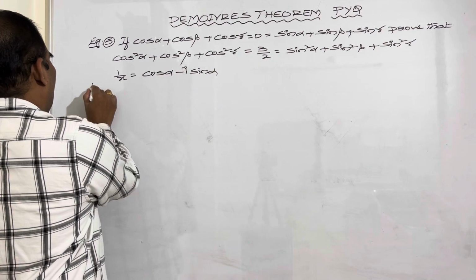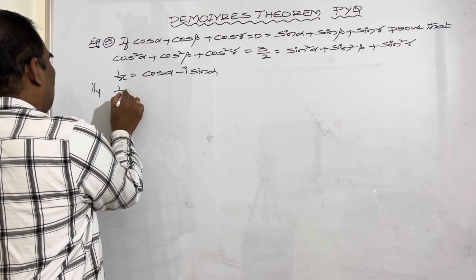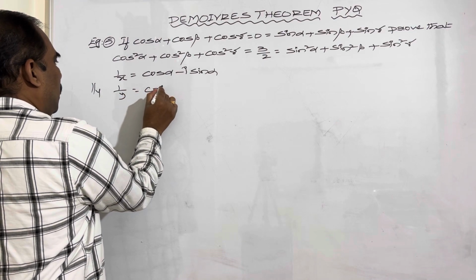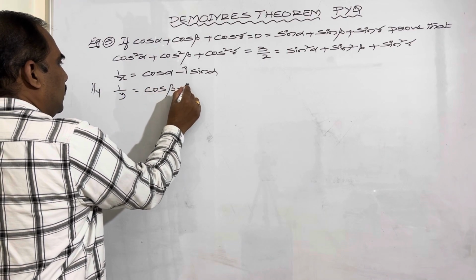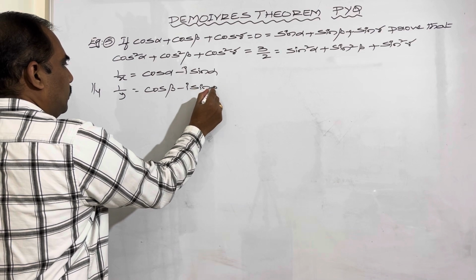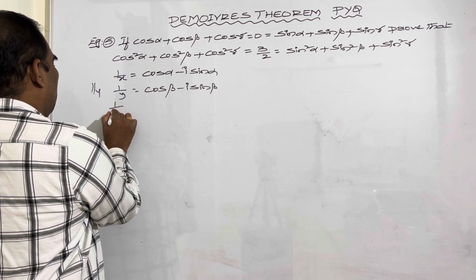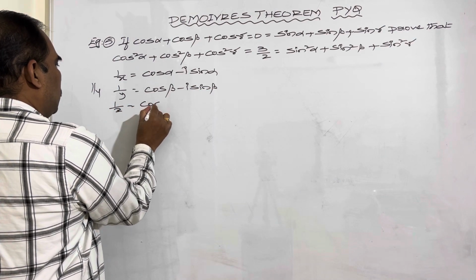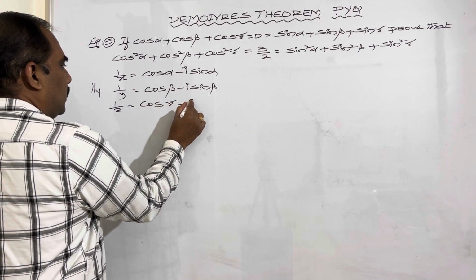Similarly we can prove that 1 by y is equal to cos beta minus I sin beta, and 1 by z is equal to cos gamma minus I sin gamma.